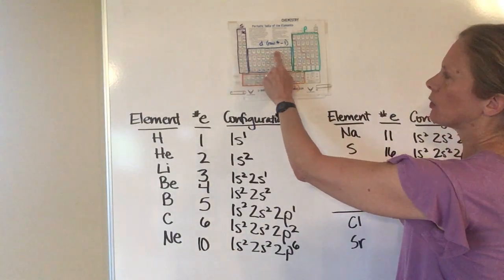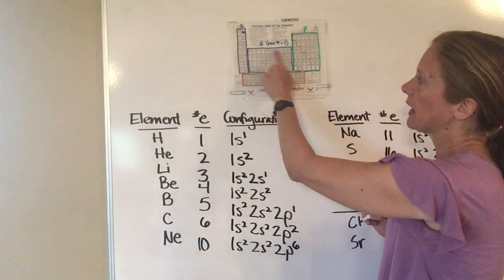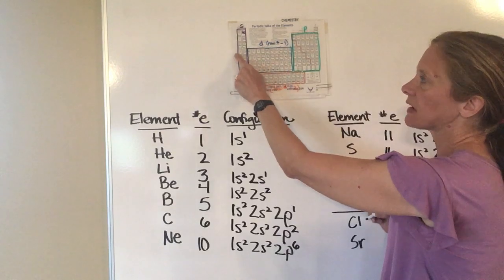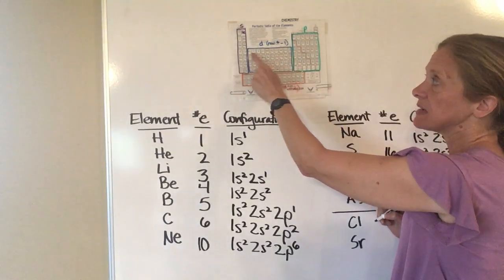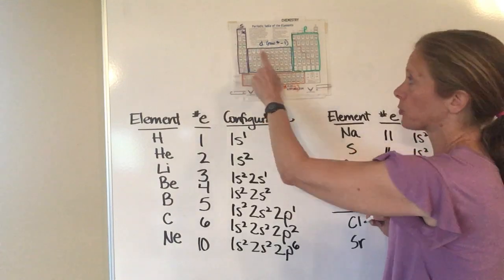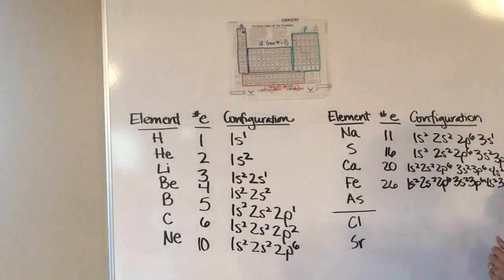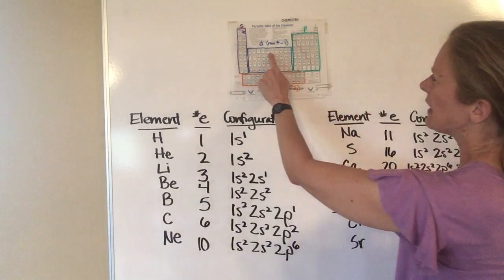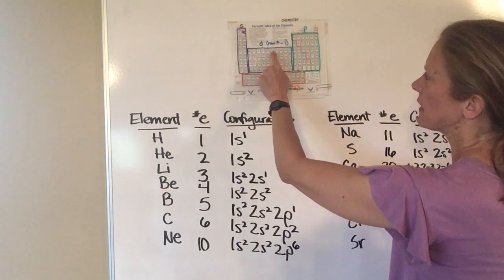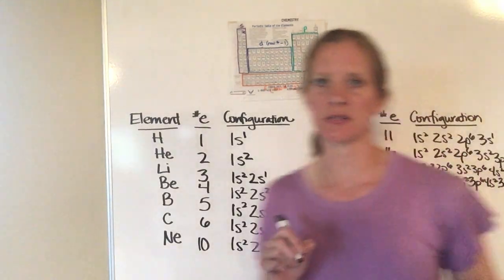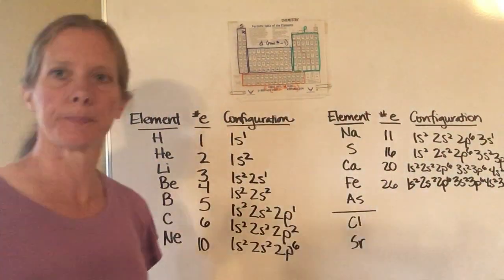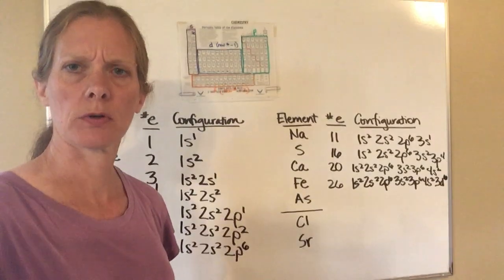Now, whenever I get to a d orbital, I have to take whatever the row number is and subtract 1 from it. So this is actually 3d, even though it's in the fourth row. So this is going to be 3d, and I'm 1, 2, 3, 4, 5, 6 columns over, so I'm going to have 6 electrons in the 3d level.